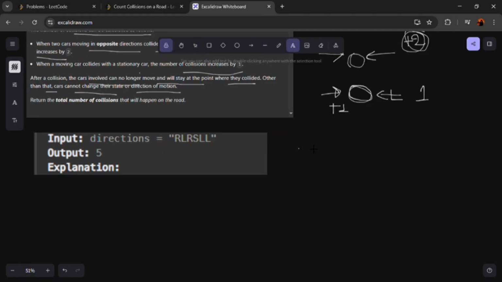So I write it here: R, L, R, S, L, L. I will write it in text, text will be better.